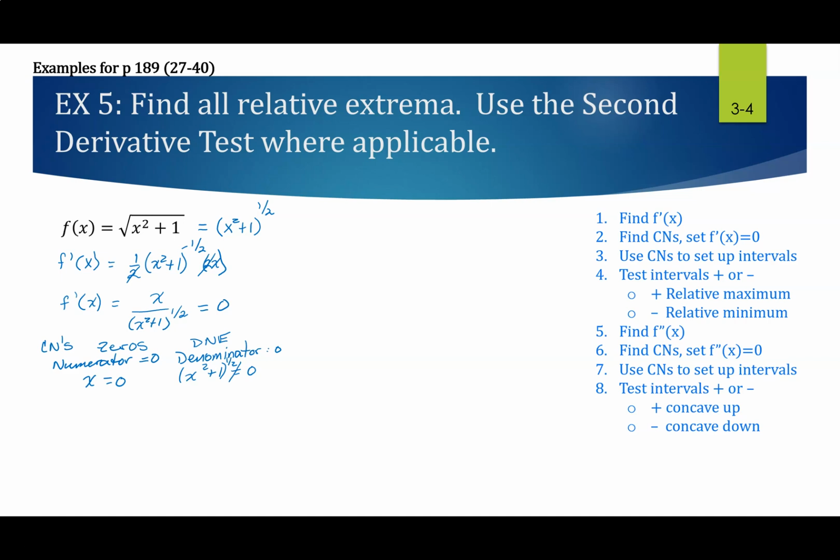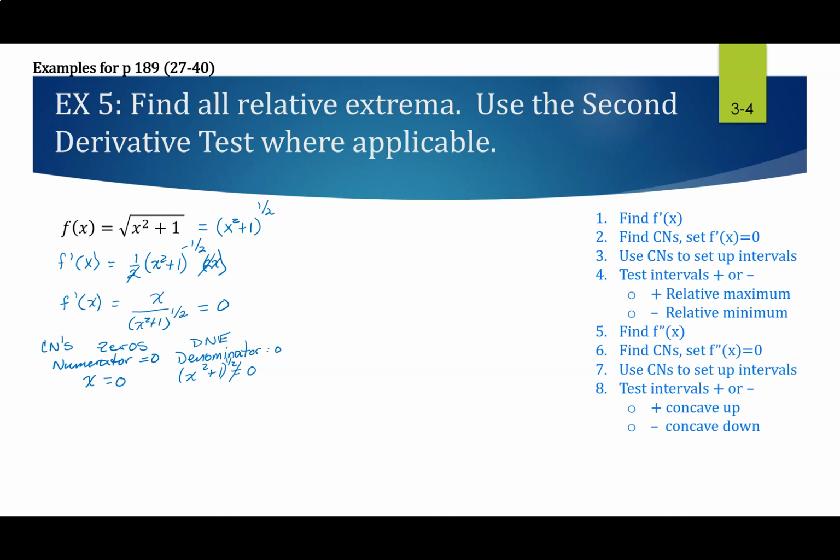So then in order to do my intervals, I need to know my domain. So let's look back up at the top at f of x. My domain of my function, remember radicals and fractions are the trouble kids in algebra. They're the ones that have issues with their domain. However, this x squared plus 1, we already proved that it's always positive because the negatives turn positive and get bigger.